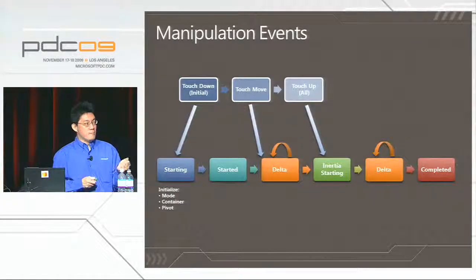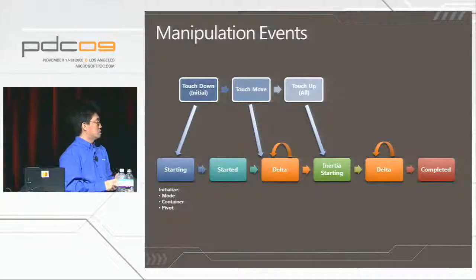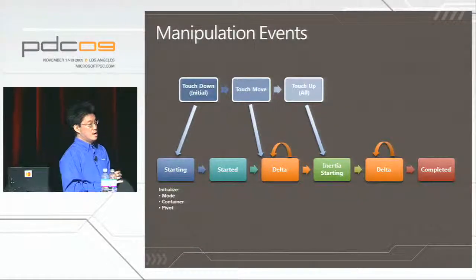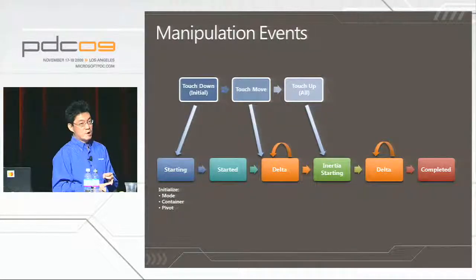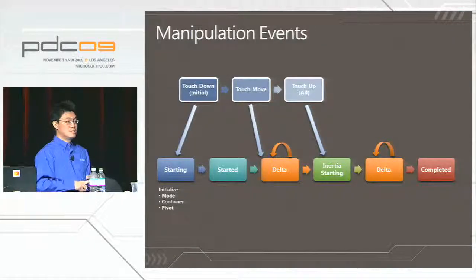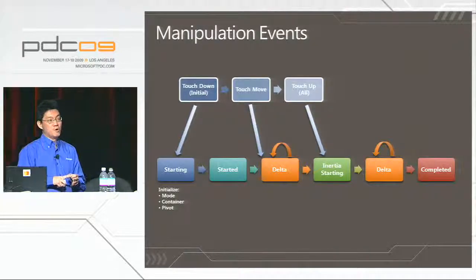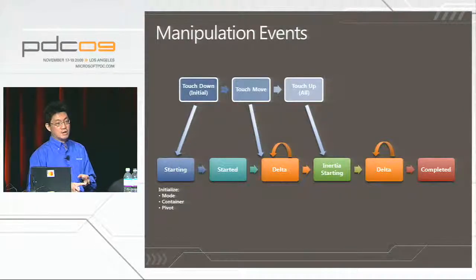So manipulation is really a state machine, and we can quickly go through what it looks like. We respond to a starting event that allows you to initialize the manipulation processor. The started event gets called once, the first time that manipulation happens, and you get a series of delta events. And as you remove all your fingers from the touch device, you get an inertia starting event that allows you to configure inertia.